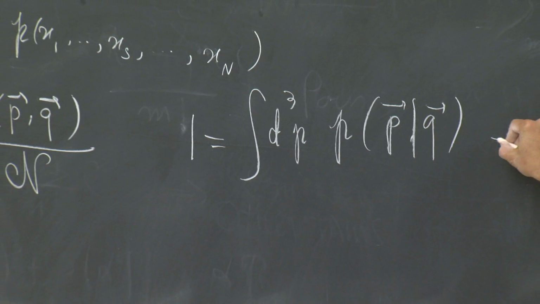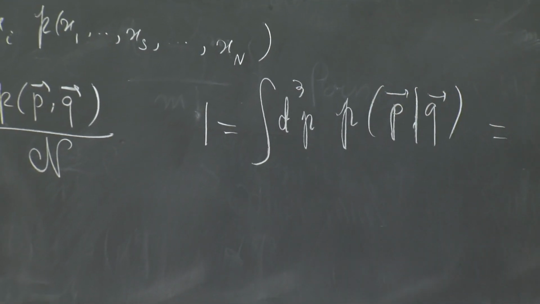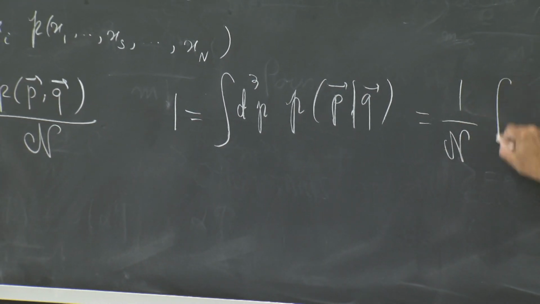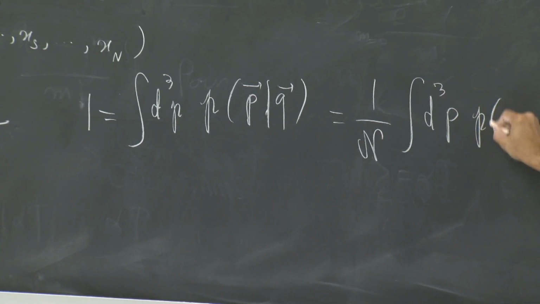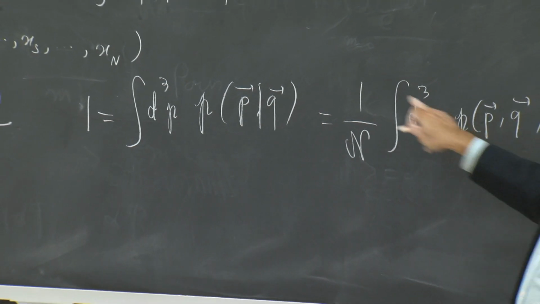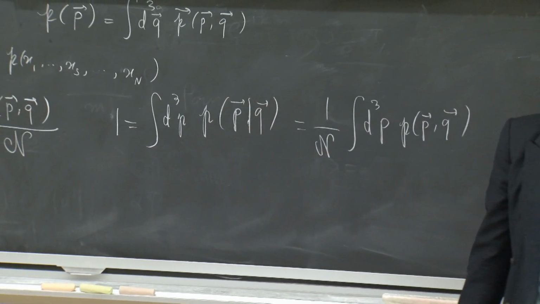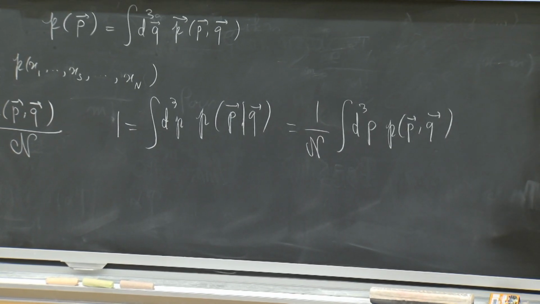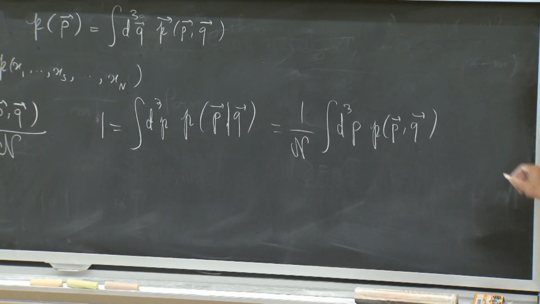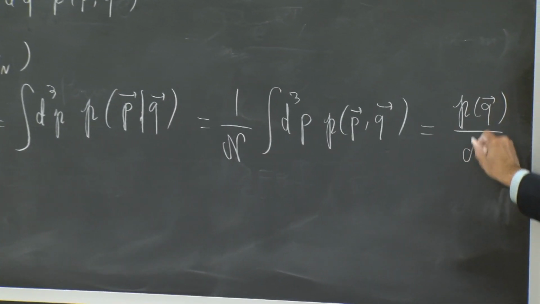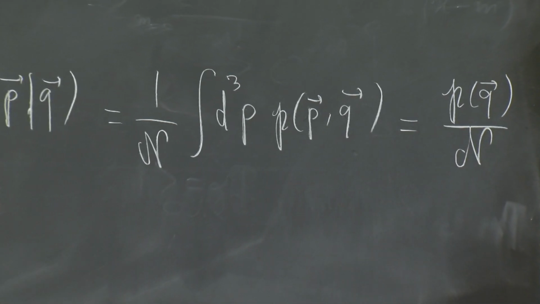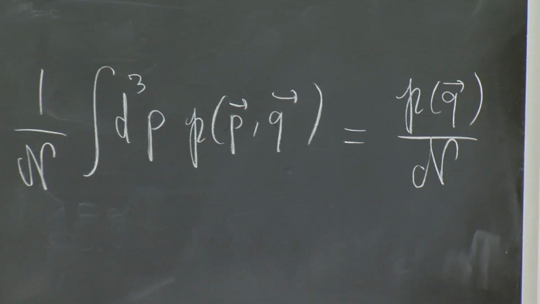So this is going to be, if I apply it to the right-hand side, the integral over p of the joint probability of p and q, which we recognize as an example of an unconditional probability to find something at position q. So the normalization is going to be this, so that the ratio is 1.